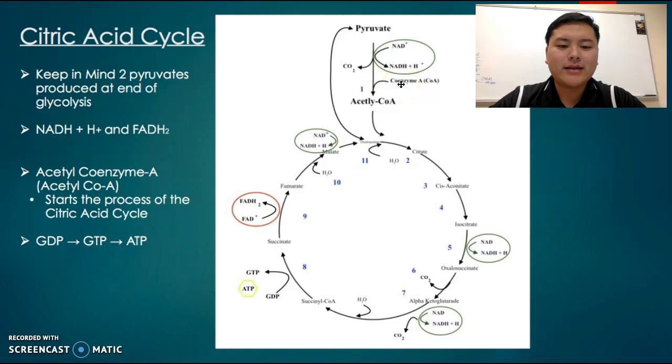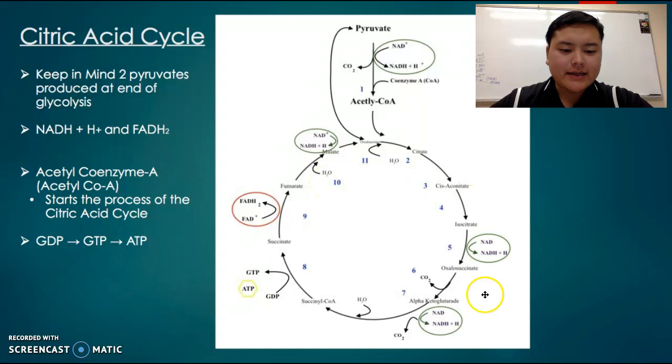That's also important because in order to start the citric acid cycle, you need acetyl-CoA to actually get this thing going. So you don't really need the pyruvate. If you have acetyl-CoA, you could just start this citric acid cycle automatically. When we look at the citric acid cycle, we see familiar things, NADH here, 1, 2, and 3.